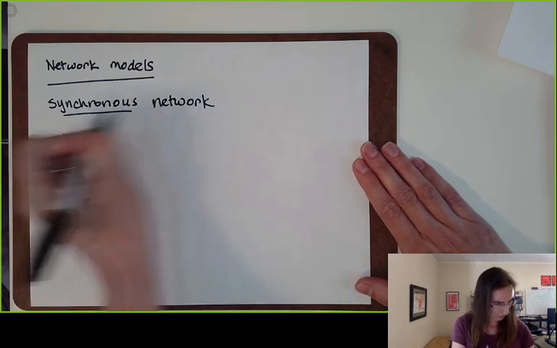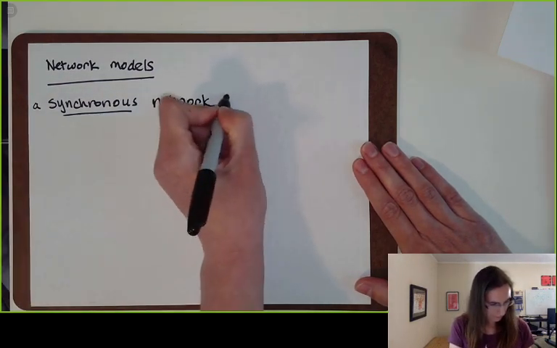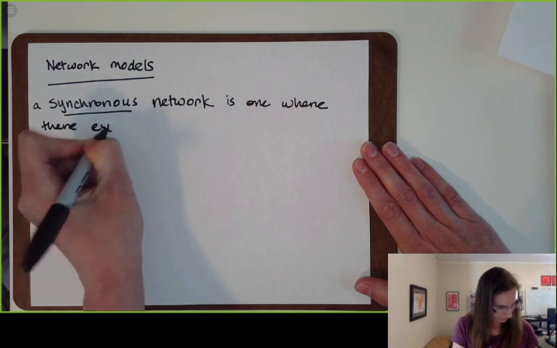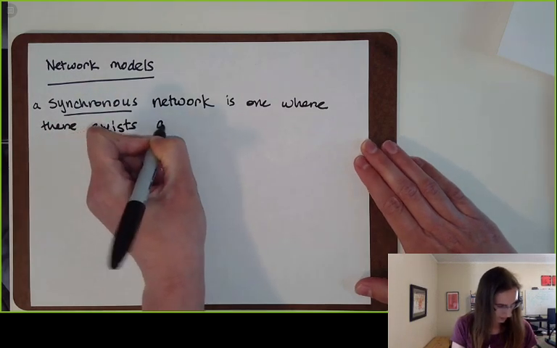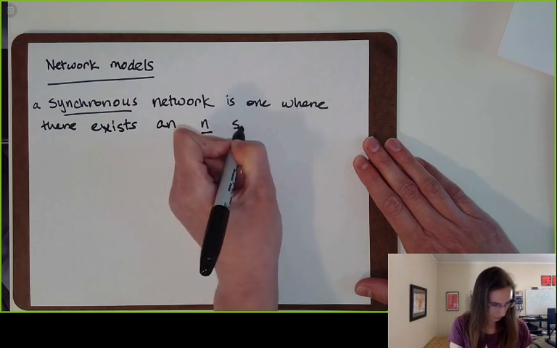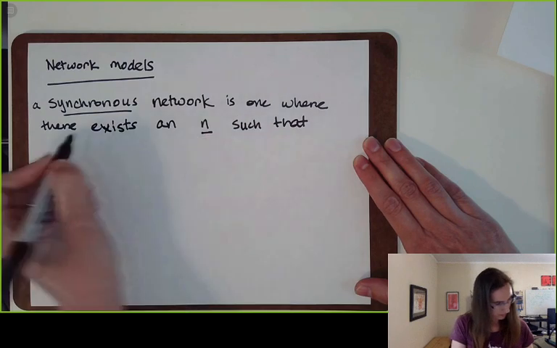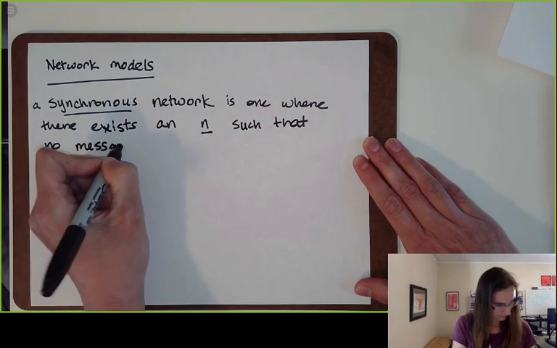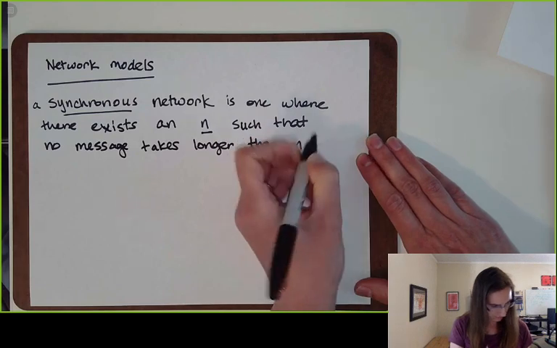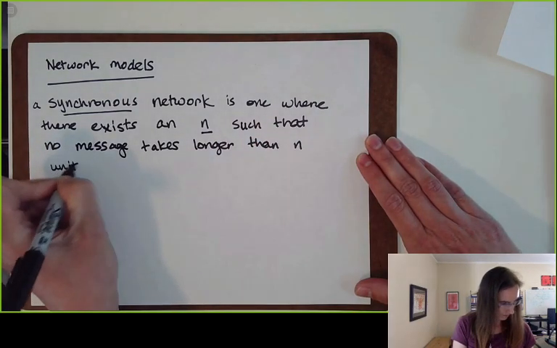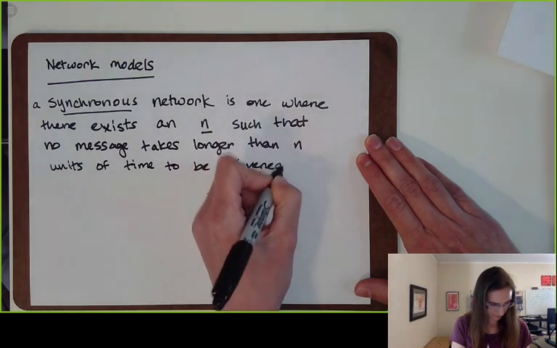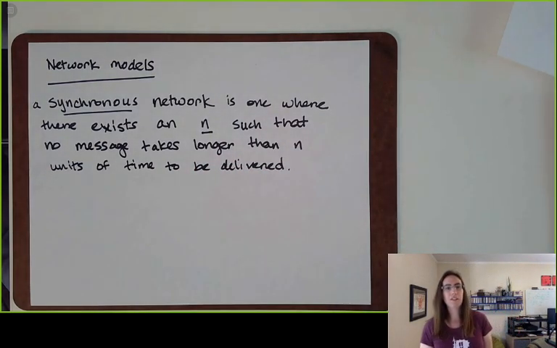So to be precise, a synchronous network is one where there exists some n, where n is in units of time, such that no message takes longer than n units of time to be delivered. That's what a synchronous network is.